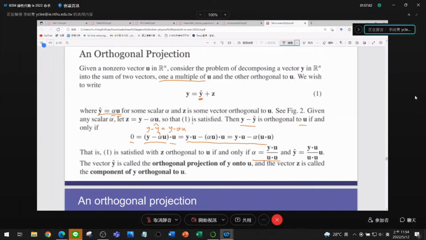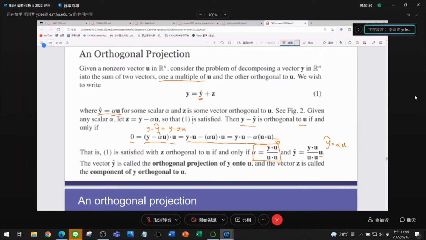那根据前面这个 y 减 y hat 与 u 垂直，所以它们的 inner product 为0的这个关系，我们可以推导出 alpha 这个 scalar 它会等于 y 跟 u 的 inner product 除以 u 跟 u 自己的 inner product。所以这个是我们透过上面这个式子推导而来。那至于 y hat 它会等于 alpha 乘以 u，所以我们就在旁边再乘以一个 u。y hat is equivalent to alpha times u.